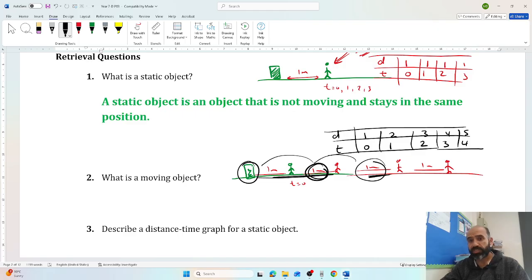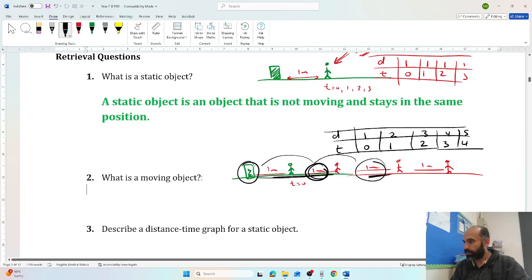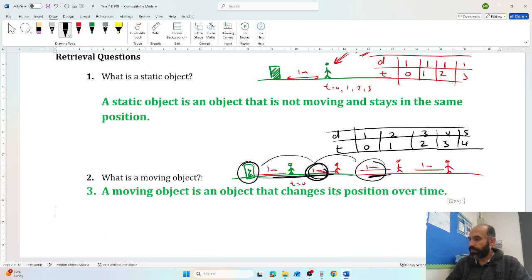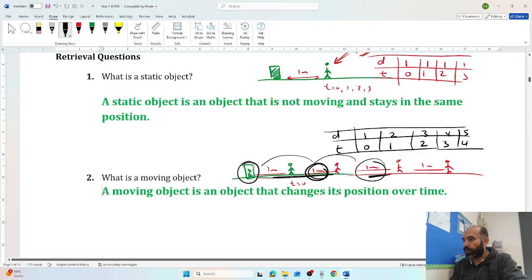In this case, the object is moving with uniform velocity or non-uniform velocity, uniform speed or non-uniform speed. So what will be the answer in general for a moving object? So the answer is, a moving object is an object that changes its position over time. As time passes, its position changes.